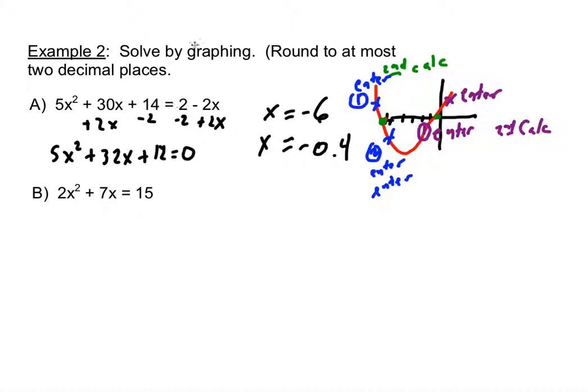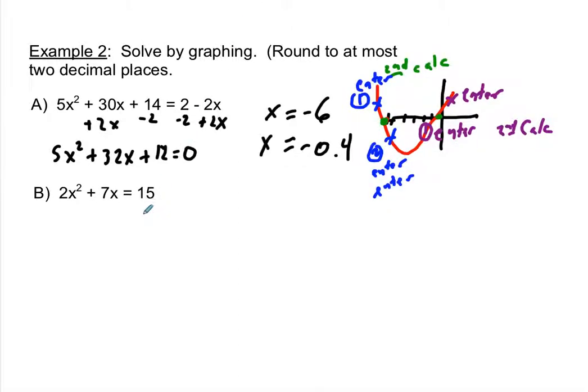So let's come down here and do this one as well. First of all, I have to bring the 15 over. So I have 2x squared plus 7x minus 15 equals 0. So we're going to put that into our graphing calculator. We're going to do y equals 2x squared plus 7x minus 15.